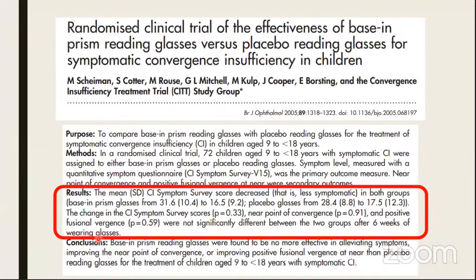Again, for the CISS score, the near point of convergence, and positive fusional vergences, no significant changes were found in the symptomatic status or other signs in children with convergence insufficiency. So base-in prism glasses were found to be more effective in alleviating symptoms, but it was not statistically significant.